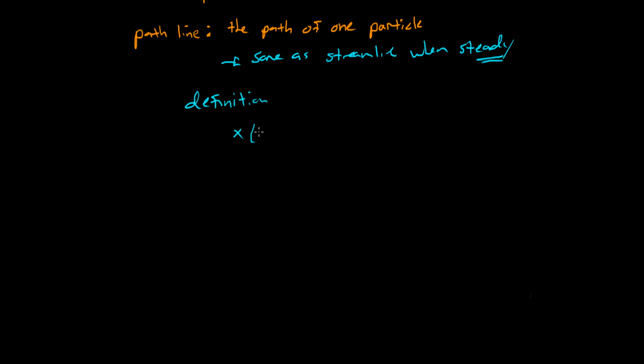So if we have some position x of time and y of time of a given particle, you know its velocity looks like dx dt, and its velocity in the y direction looks like dy dt. And so again, we separate and integrate here just differently. This time we're going to multiply up by dt.